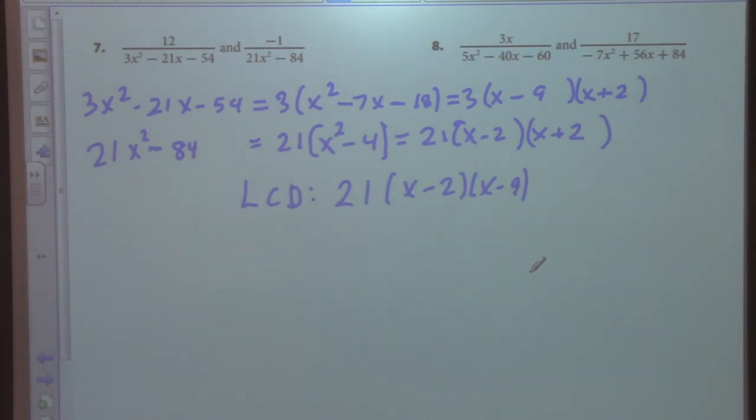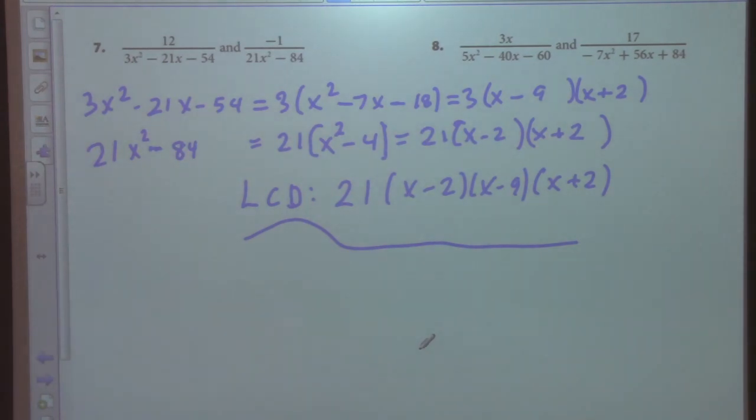Don't those cancel out? No, you're not dividing them by each other. They're going to be x plus 2. You need that too. When you multiply by all this, you're going to cancel everything out, with the minus 2 and plus 2.